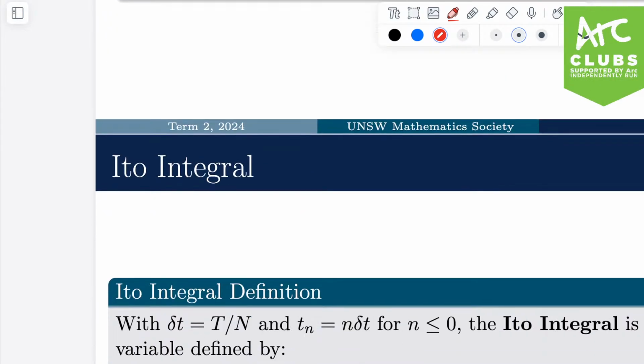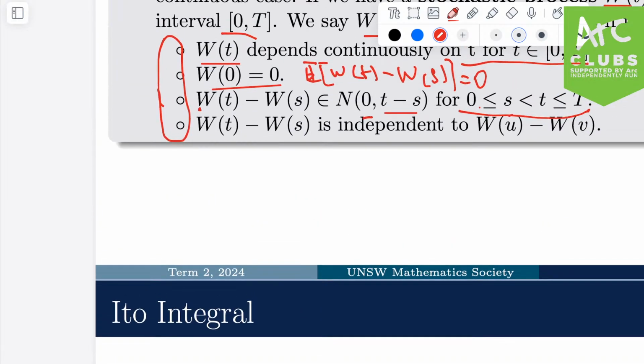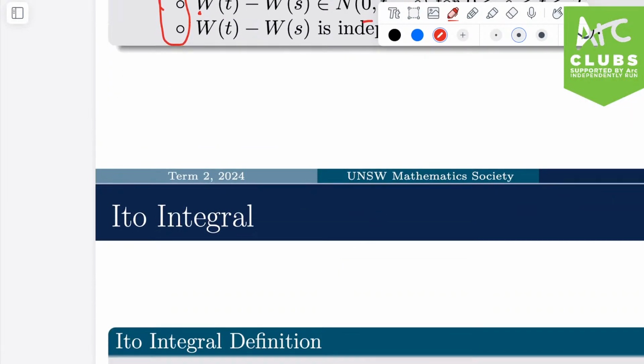Then we want to move on to Ito integral, where we add an actual function to the linear process. In linear process, there's only WT, but for Ito integral, we want to look at F, which is in terms of WT and T. Again, even if you learn Ito integral many times, you still get confused.